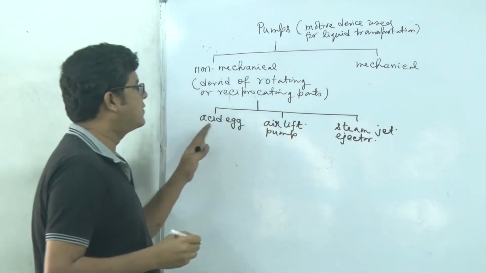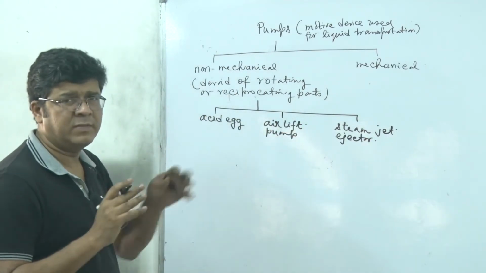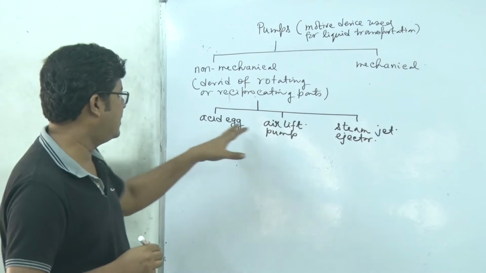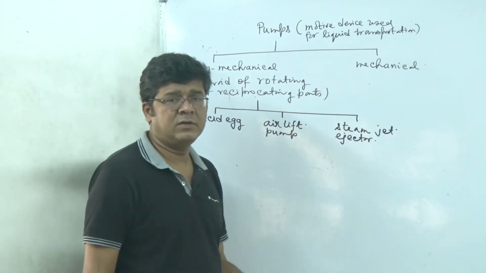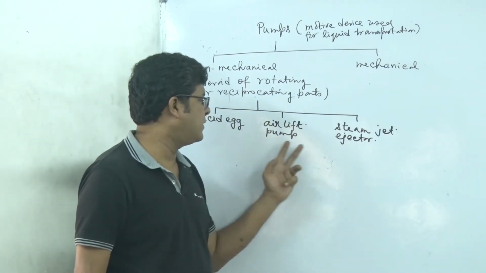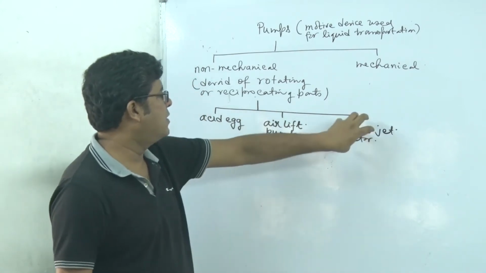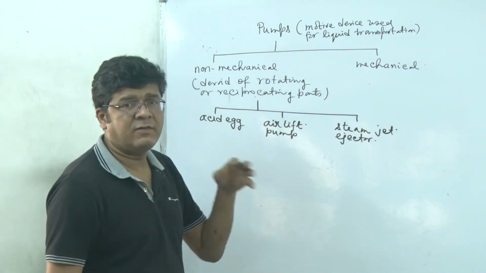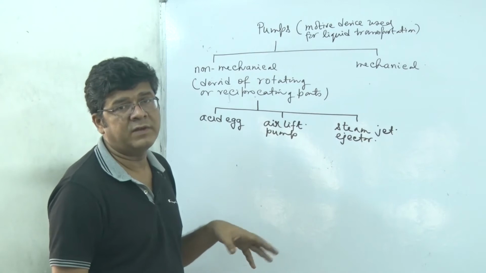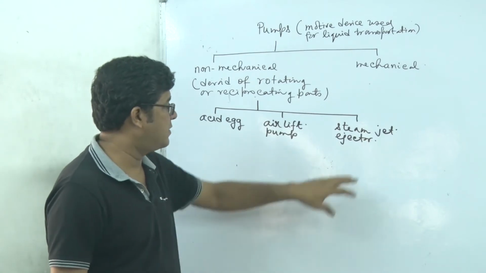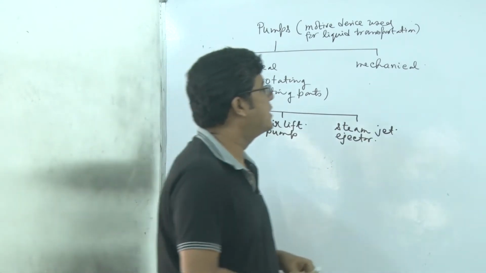First we will discuss these three in brief. These descriptions are not given in the handout because of their very elementary structure. But for the steam jet ejector, we have a separate section in the handout on heat transfer, and we will discuss that later. So what is an acid egg?